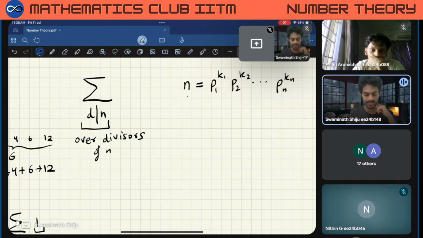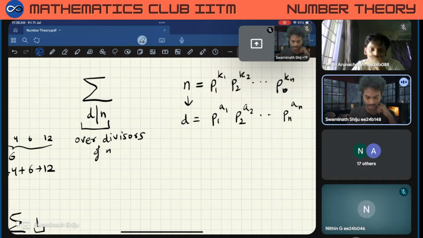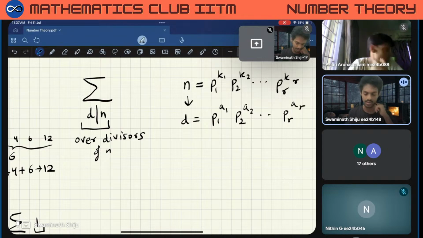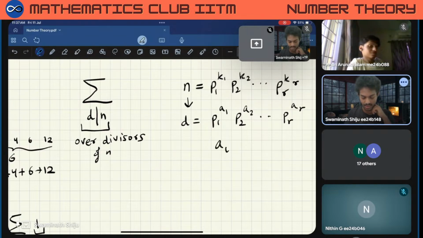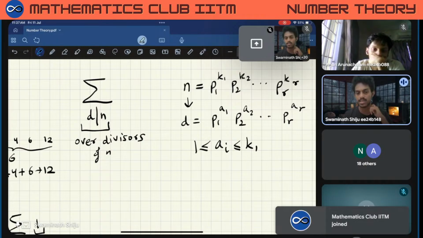All the factors of n will be in the form p1 power a1, p2 power a2, so on up to pn power an. Each a_i will be at least 0 and at most k_i. I'm not going to prove this statement. It's pretty intuitive, so I hope you can agree with me.